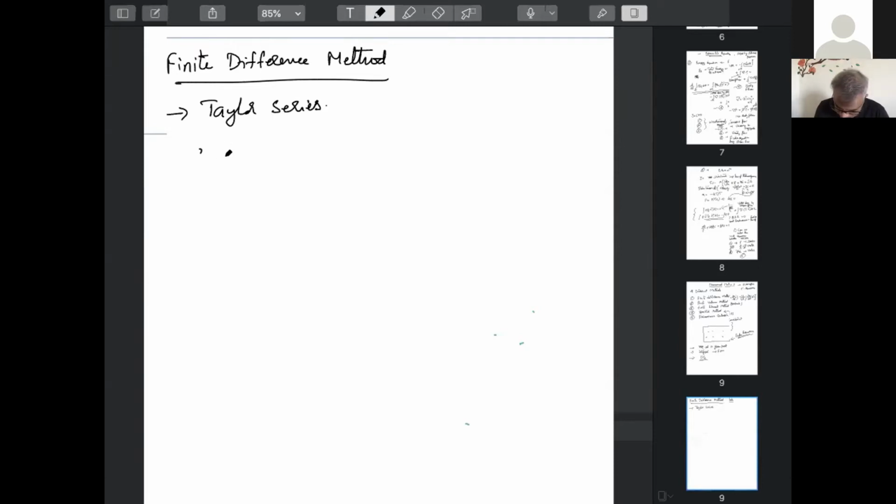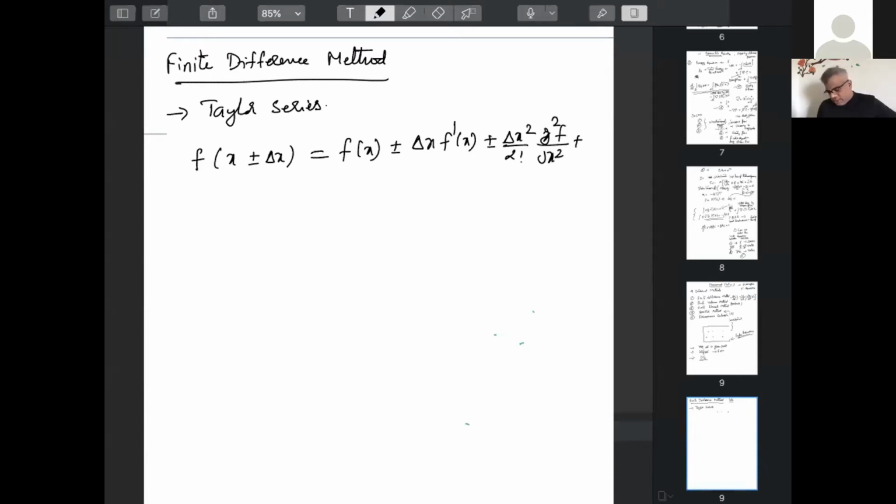If you have f of x and you want to look at the new function value at some neighborhood of x, then we can write this as f of x plus or minus delta x f prime of x plus or minus delta x squared by 2 factorial, del squared f by del x squared, and on and on. So it's an infinite series.